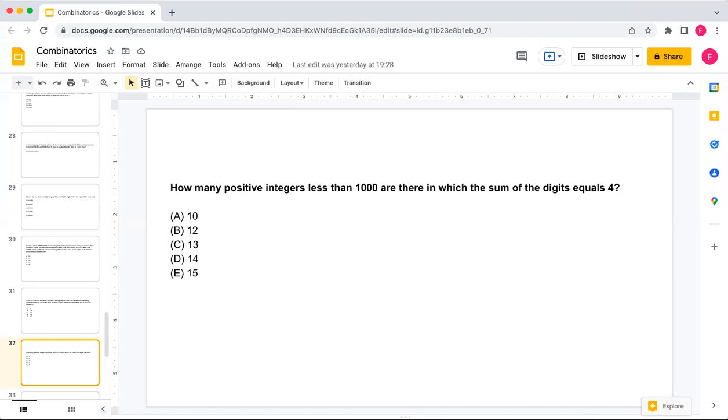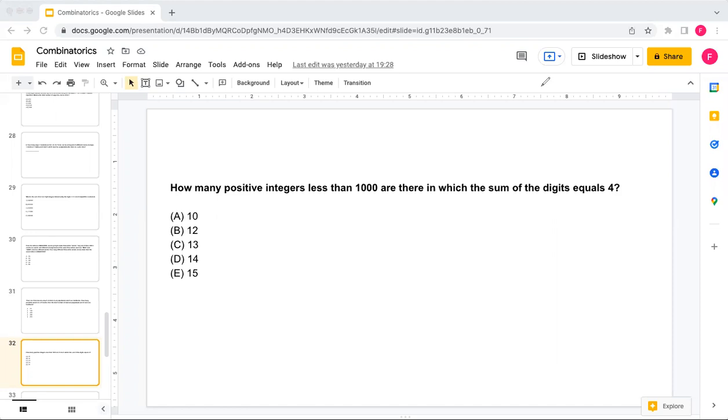Just quickly solve this question now. If you remember, I told you that this is the same concept of identical balls and distinct boxes cases such that the box could have 0 balls.